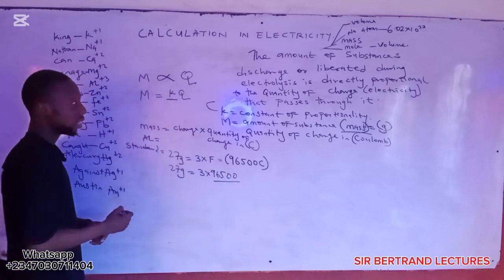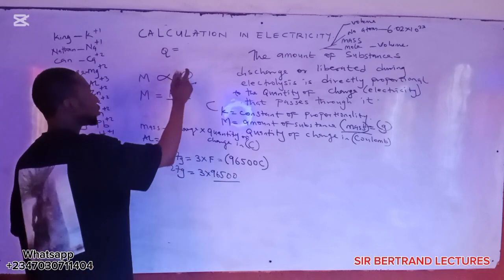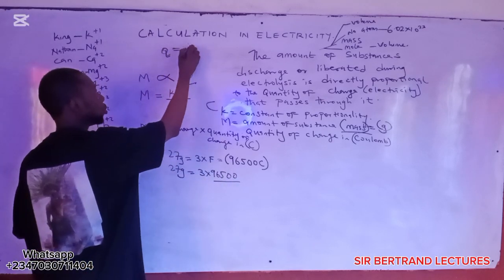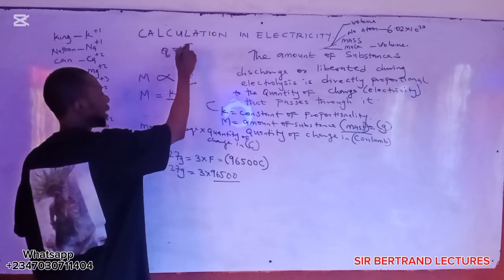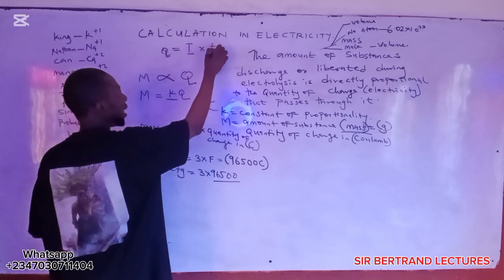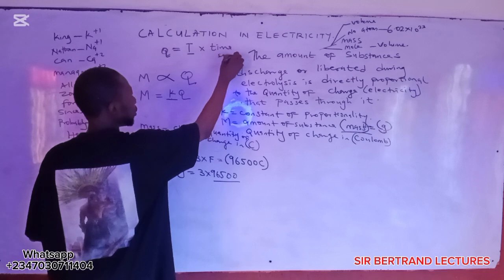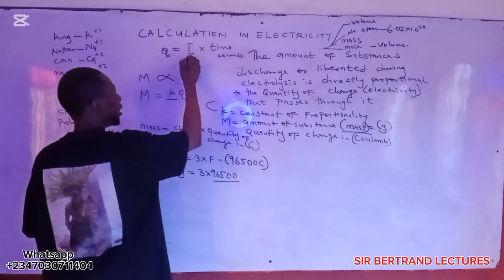96500. Remember that quantity of charge is equal to current in amperes multiplied by time in seconds.